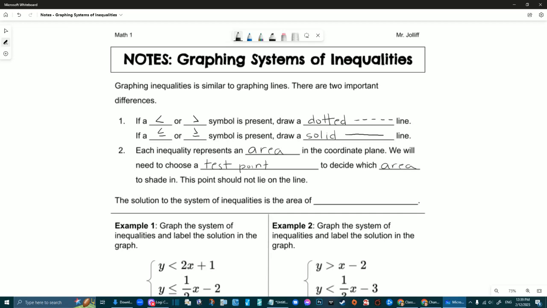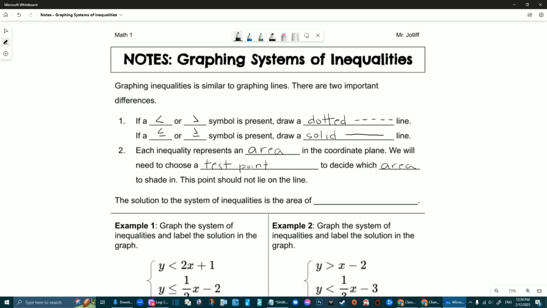When you choose test points, you should not choose a test point on the line itself. What we're looking for is where is the area in the coordinate plane that makes that inequality true. We want to shade in the area that makes the inequality true.